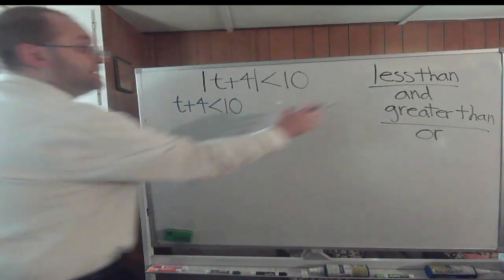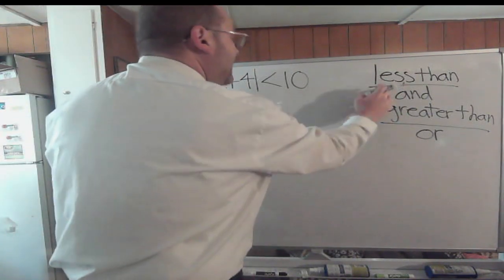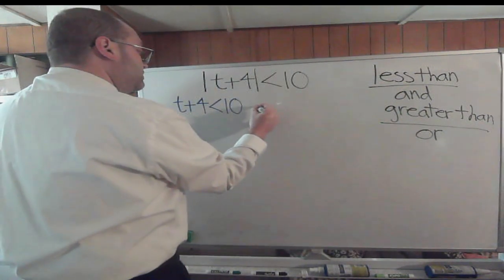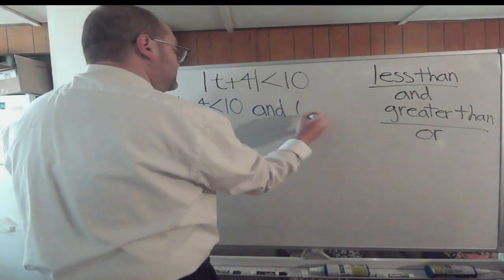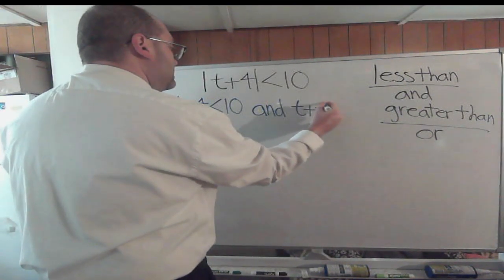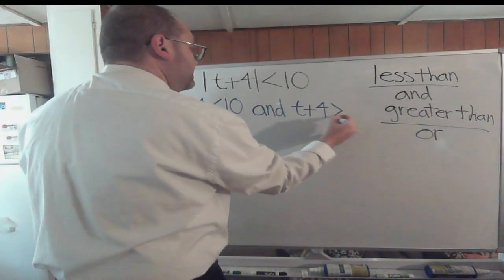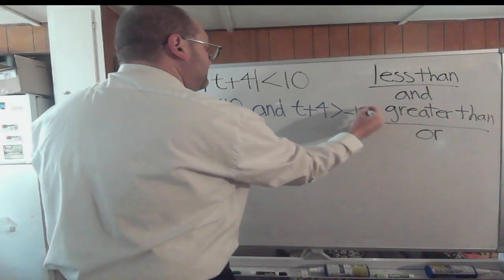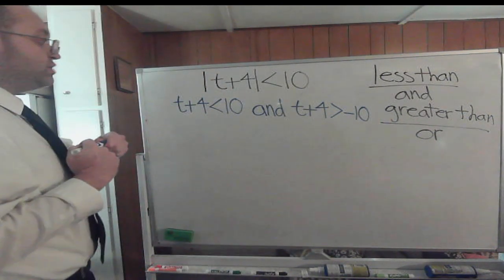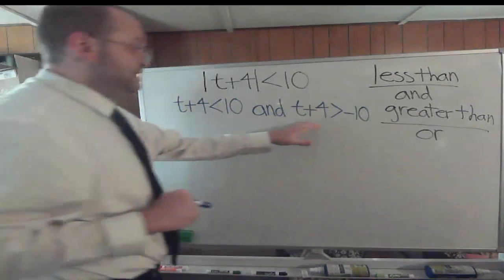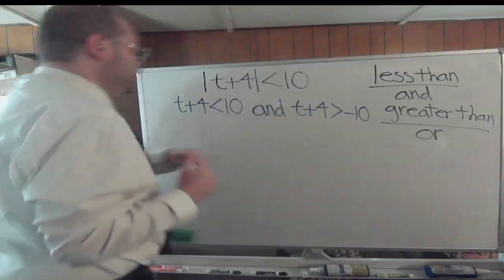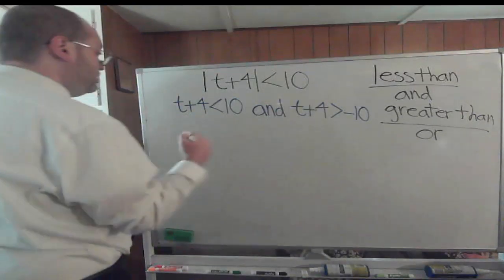And then since it's less than, and, you'll have t plus 4 is less than 10, and then you'll have t plus 4, you'll flip the sign to greater than negative 10. So you have two inequalities, t plus 4 is less than 10, and t plus 4 is greater than negative 10. So now solve your two inequalities.